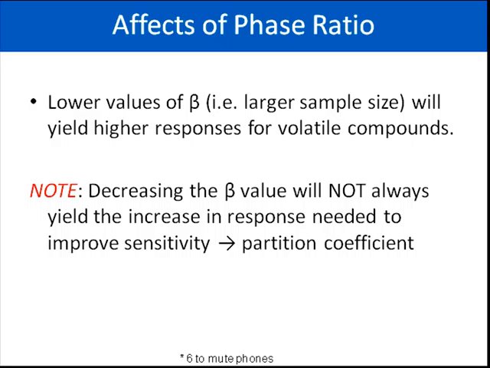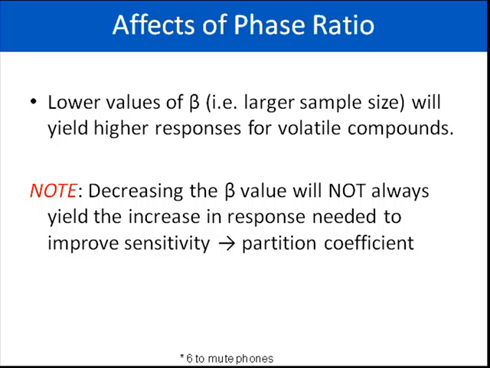Why is that? That is because the more matrix you have in there, the more analytes you may have in there to be able to move into the headspace. But decreasing these values does not always yield an increase in the response that you need to improve sensitivity.